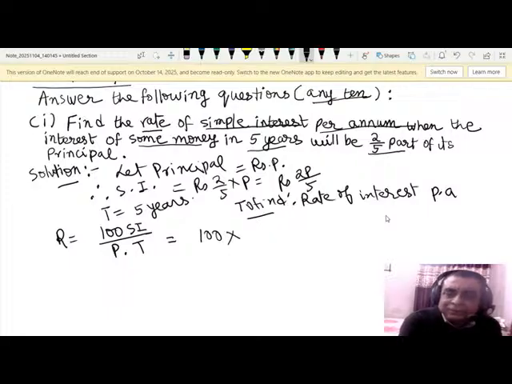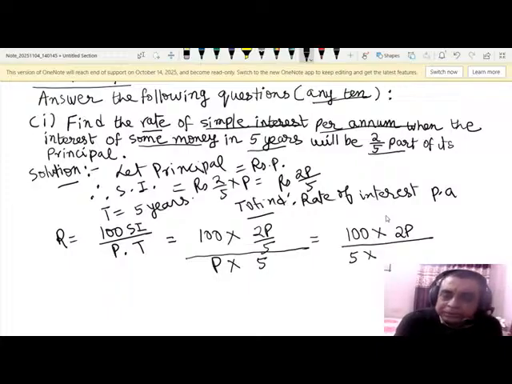Simple interest is 2P divided by 5, whole divided by P, the principal, times T. T is 5 years. Now you simplify. This 5 will come in the denominator. So this will become 100 times 2P, and the 5 of 2P upon 5 will come in the denominator, so it will become 5 times P times 5.